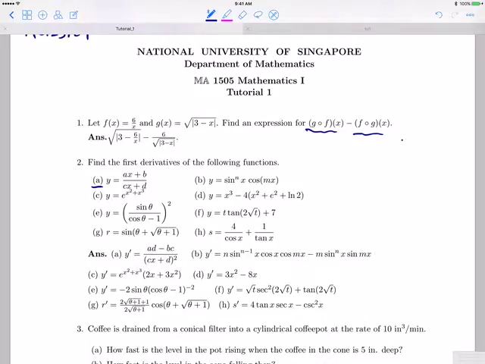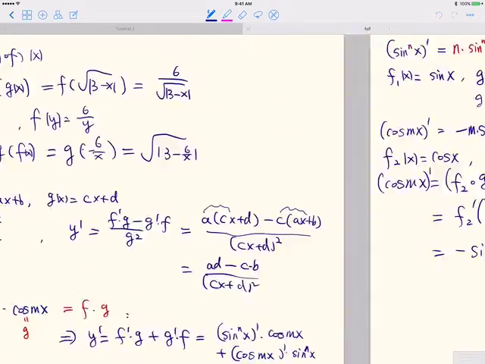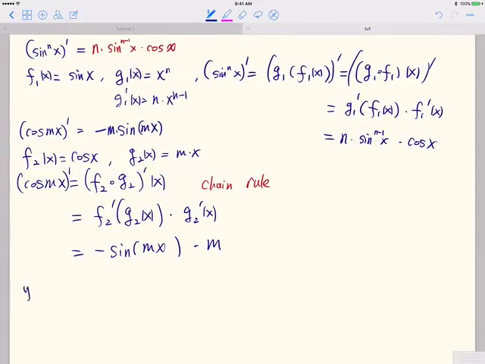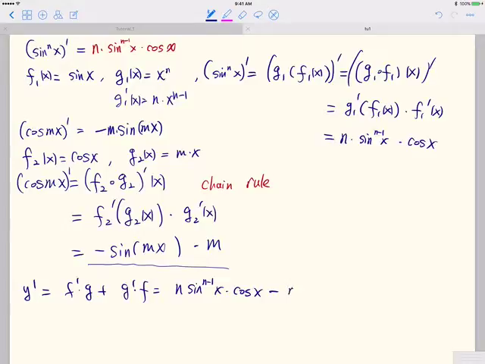So now we have the answer because we plug in to the original product rule. So we get y prime equals f prime equals m, okay, once again, the g prime times f is equal to this one, so this should be minus here, minus m times sine mx, right?